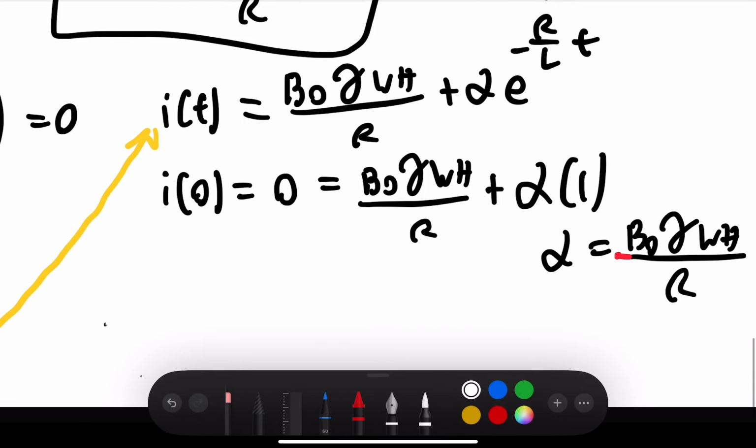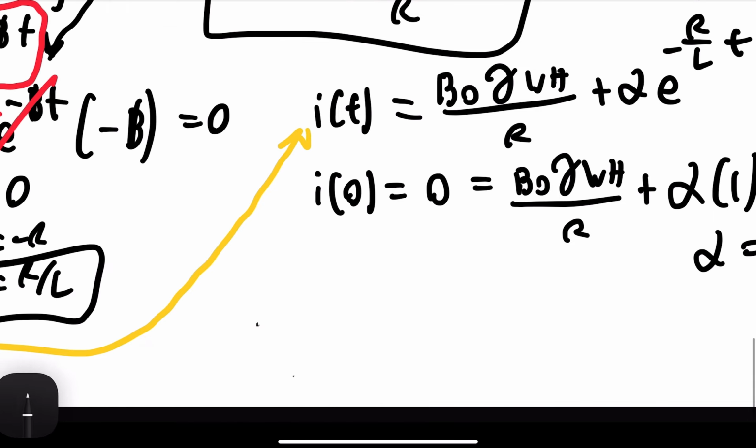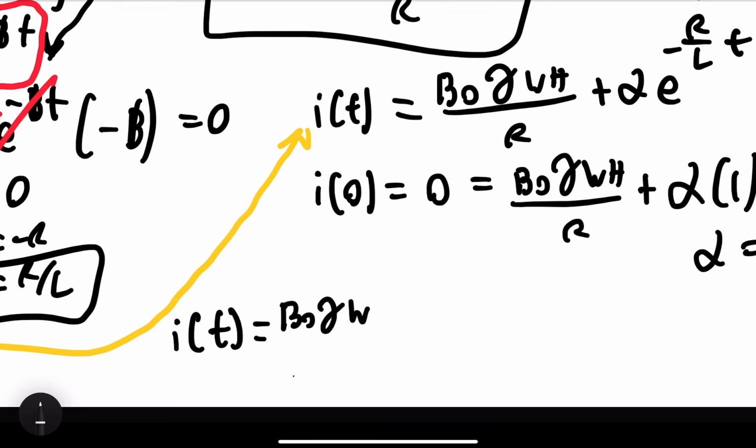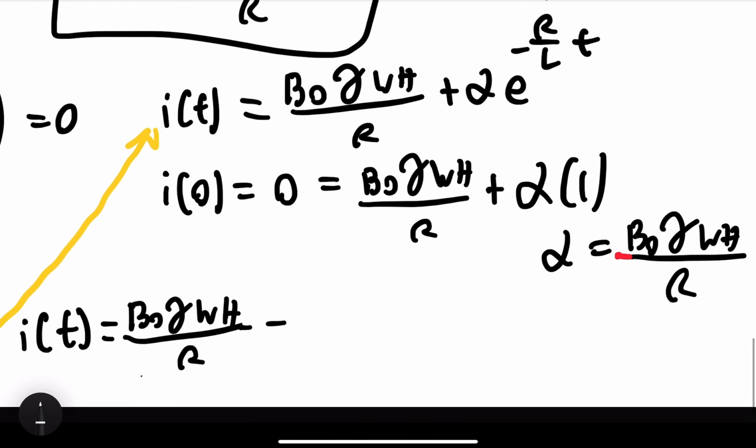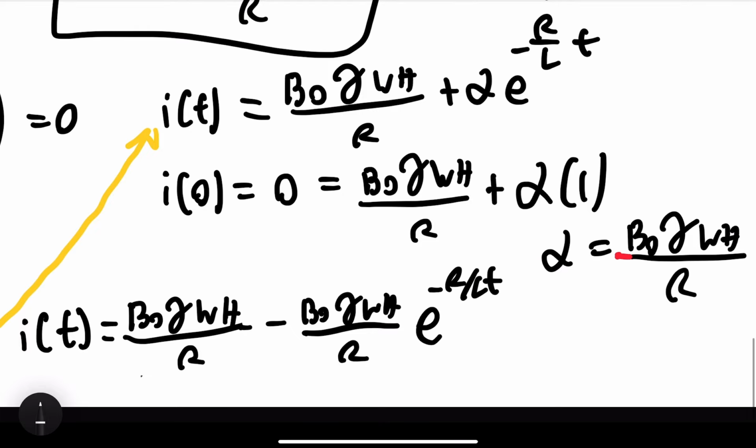So then if I plug everything together, I get current as a function of time is B naught gamma WH over R minus B naught gamma WH over R e to the negative R over L t.